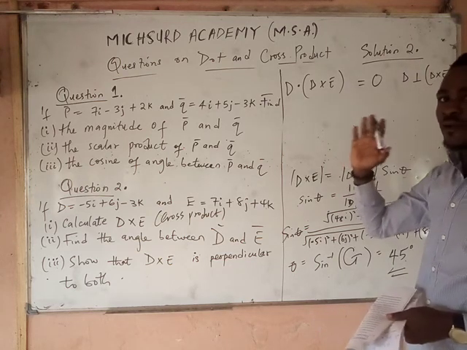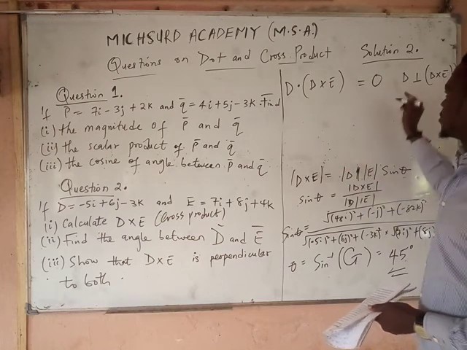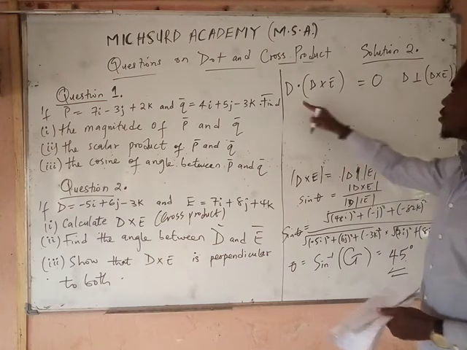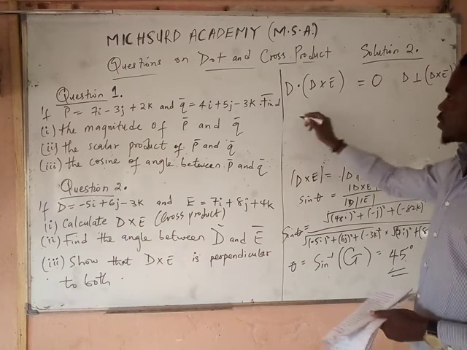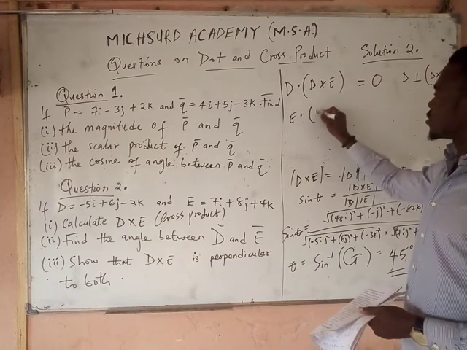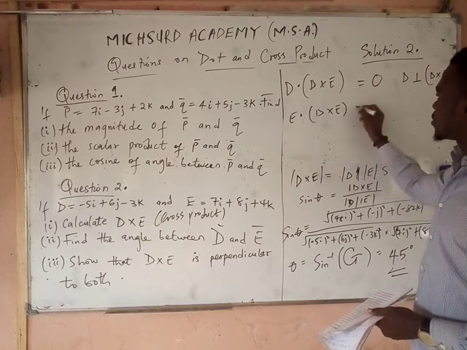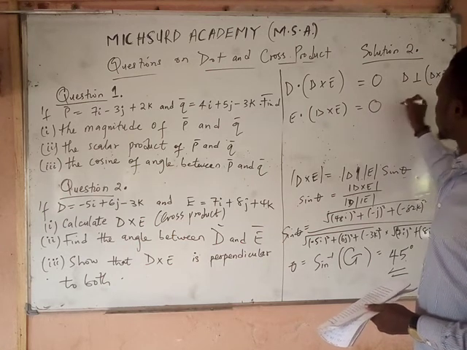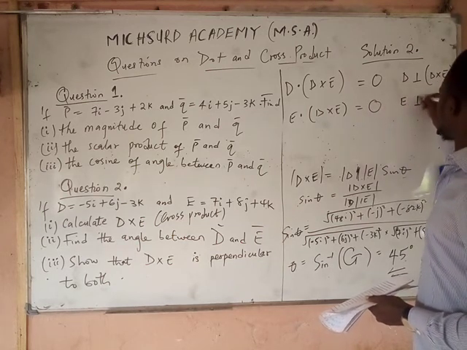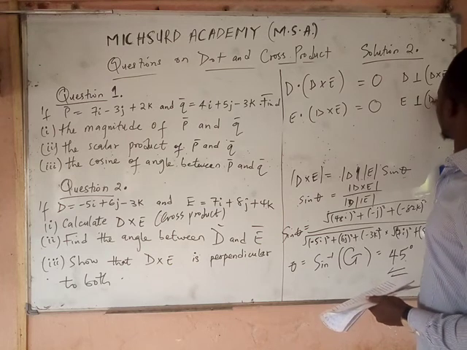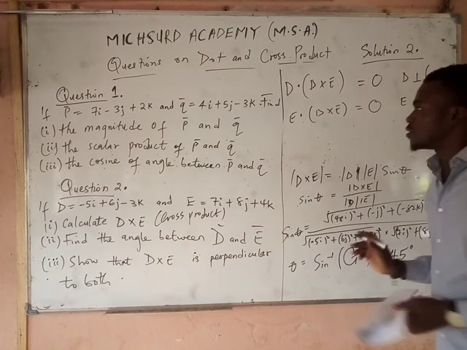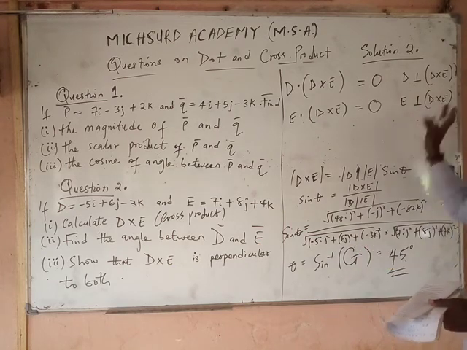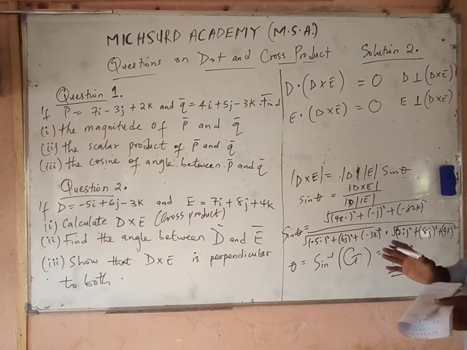That's what we said in our previous class. To know that these two are perpendicular, the dot product must be equal to 0. So if you also do E dot this cross product, it should also be equal to 0, showing that E is perpendicular to D cross E. Otherwise, they are not perpendicular to each other. Are we together?